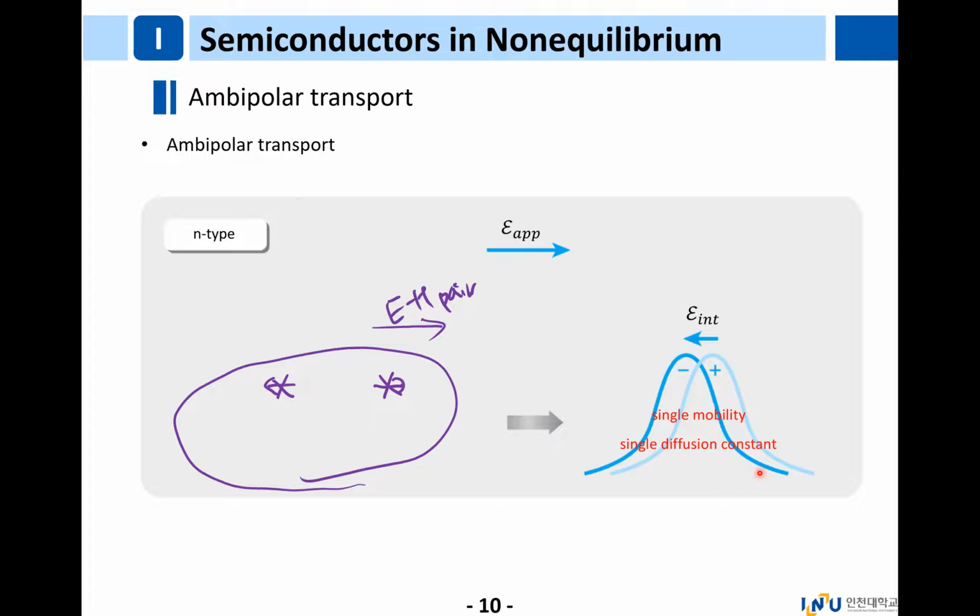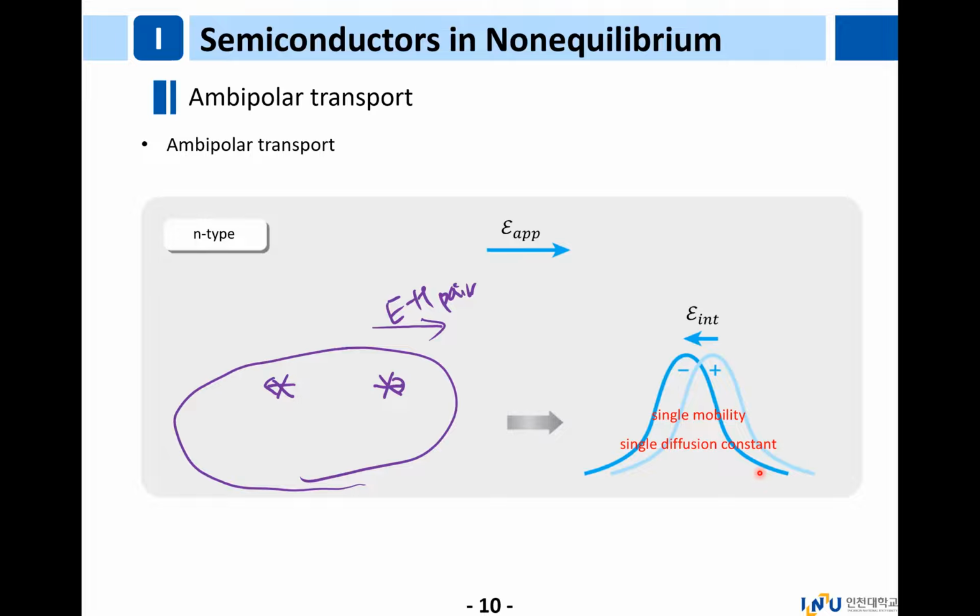In conclusion, in the ambipolar equation, the ambipolar diffusion coefficient, ambipolar mobility, and recombination parameters signify the diffusion coefficient, mobility, and carrier lifetime of excess minority carriers.